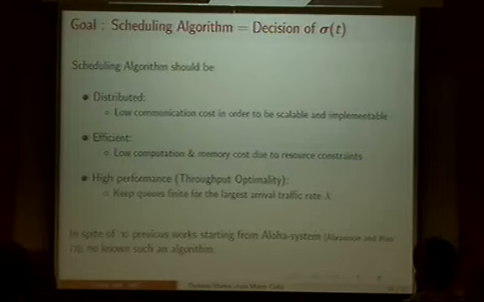High performance means keeping the queue size finite for the largest possible arrival vector lambda. This is called throughput optimality. This type of question has been extensively studied since Tassiulas and Ephremides in 1973, but there was no known such algorithm.